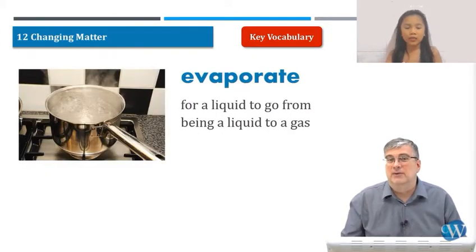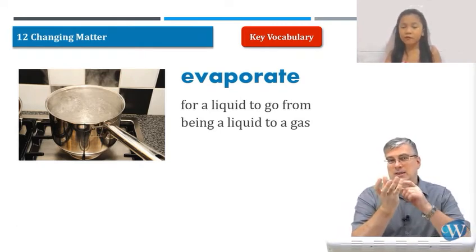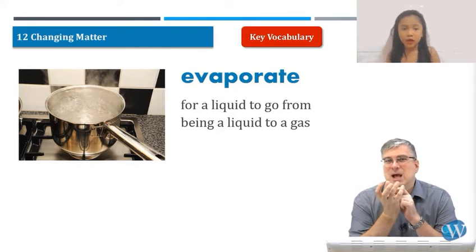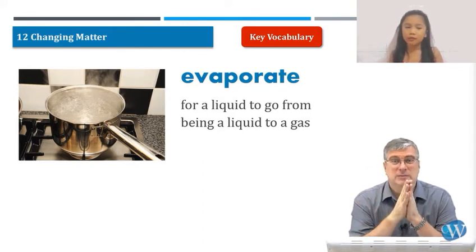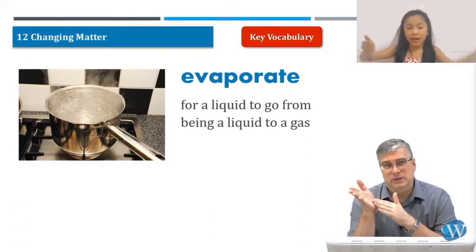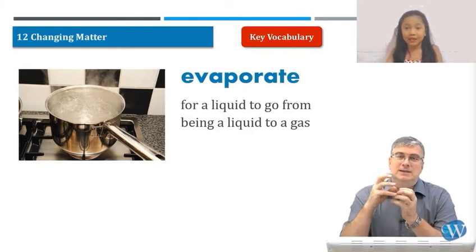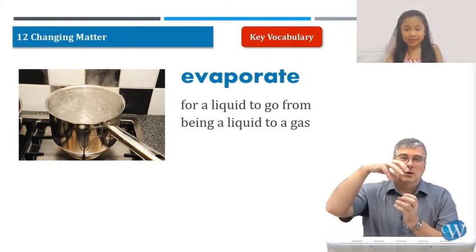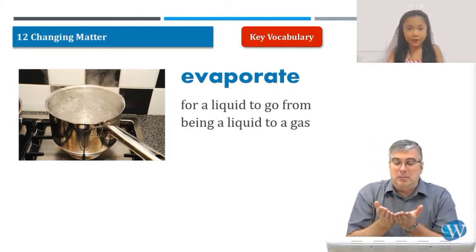Well, our next word here is evaporate. Evaporate means to go from being a liquid to a gas. From a liquid, right, maybe it's too hot and then it comes up into the air, and now it's a gas, right? We say gas.